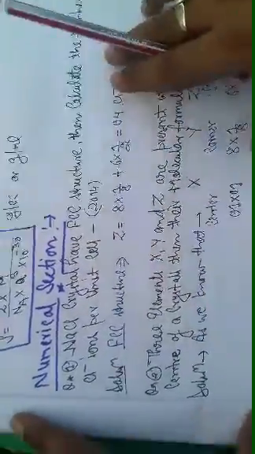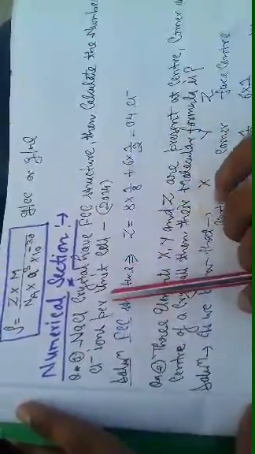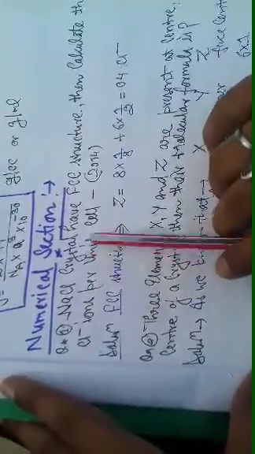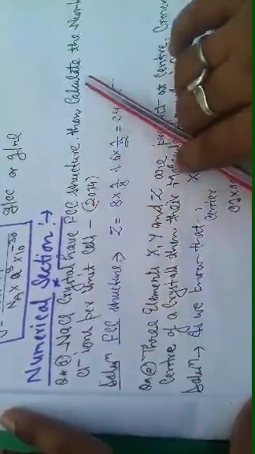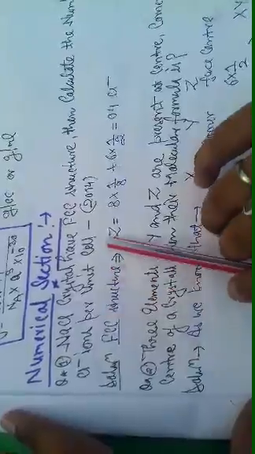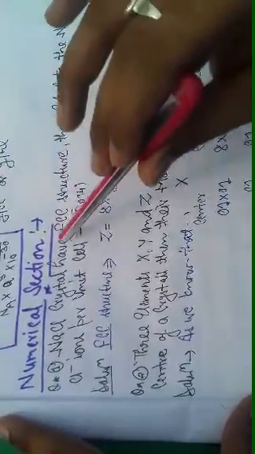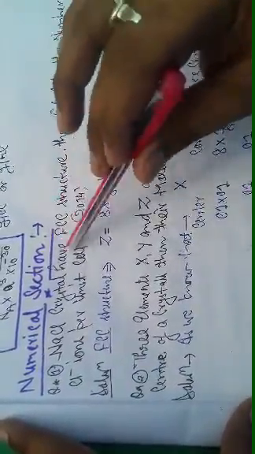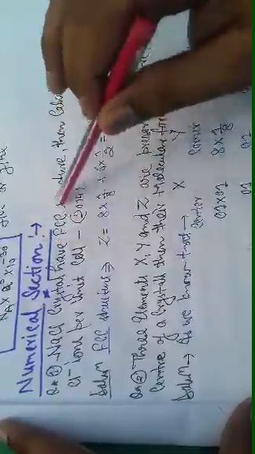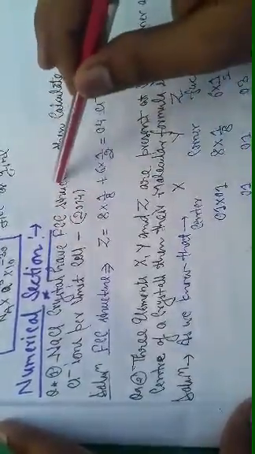For the numerical section, the first question: NaCl as a crystal is an FCC crystal; calculate the number of chloride ions per unit cell. In any numerical problem, first identify the structure, like FCC, BCC, SCC.